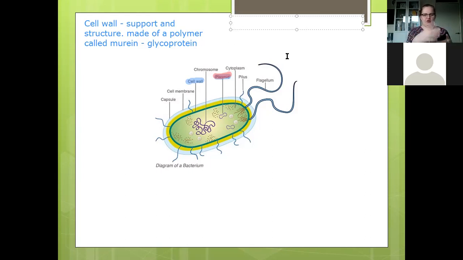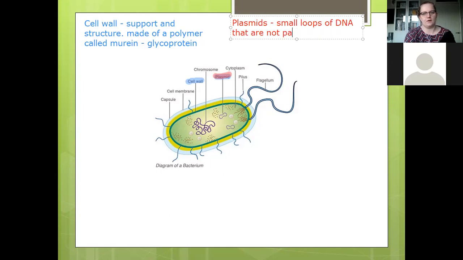So in the middle, we've got the chromosome. Here it says chromosome. Sometimes it's classed as the circular DNA molecule. Plasmids are small loops of DNA that aren't part of the main circular DNA. So let's pop plasmids there: small loops of DNA that are not part of the main circular DNA.